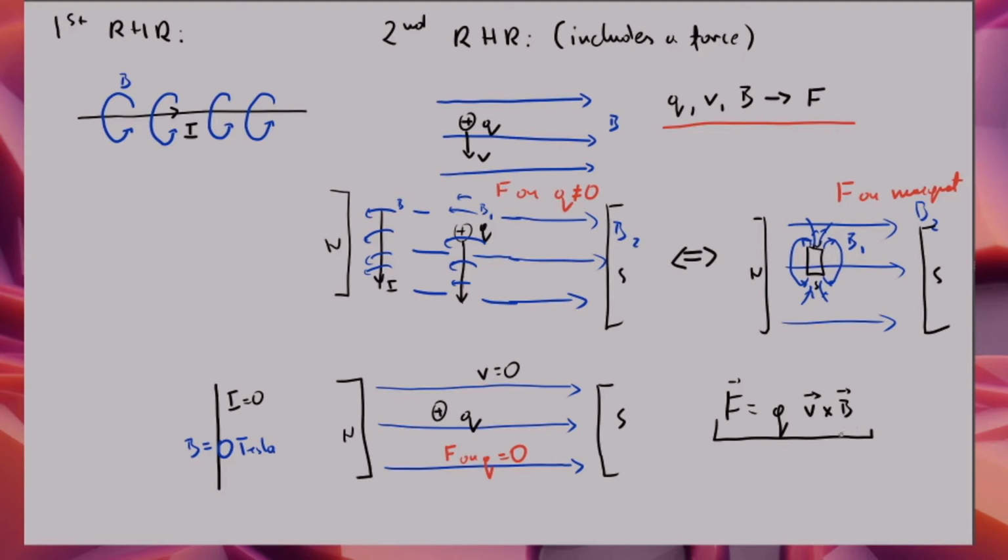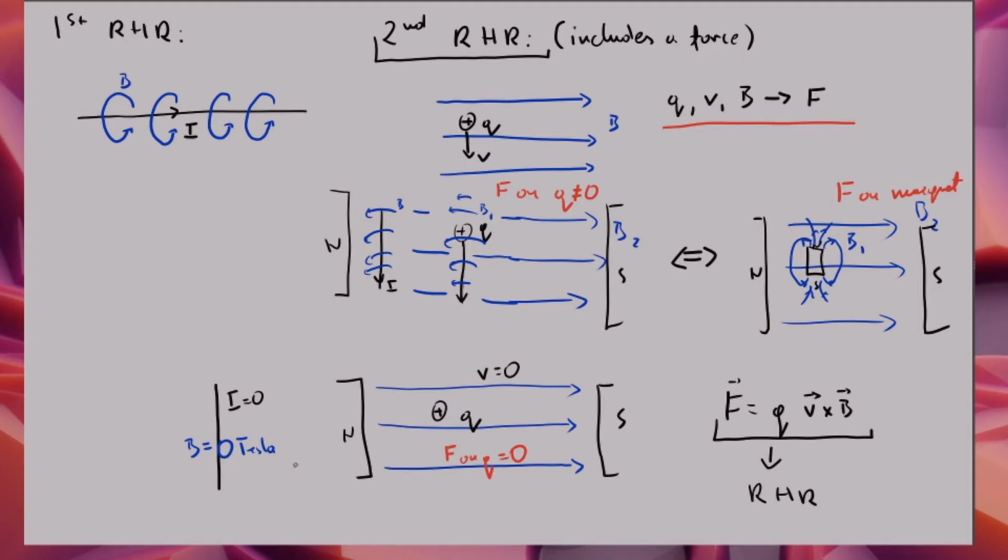What I have to show you is how to determine the direction of the magnetic force on charge Q. So I motivated the existence of this force on the charge that moves through the magnetic field. But now what we have to do is determine the right-hand rule, which directly follows from this equation. So let's look at the second right-hand rule.